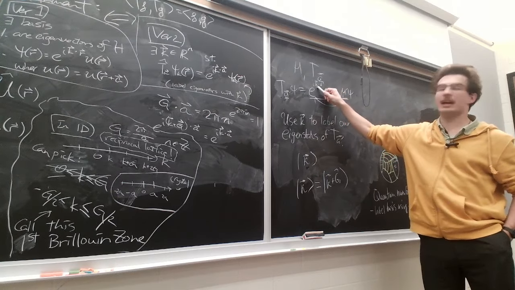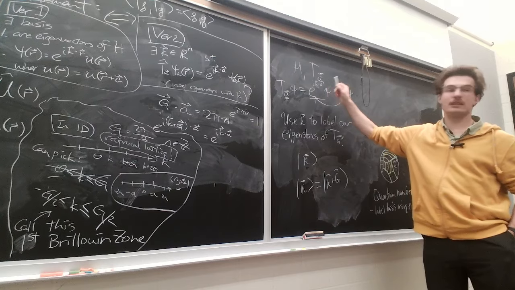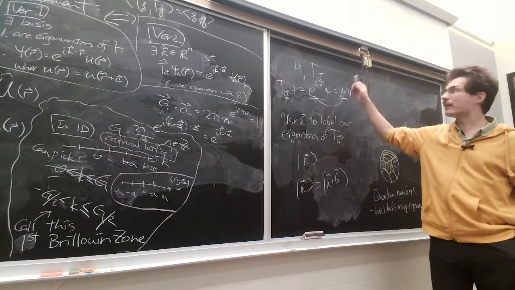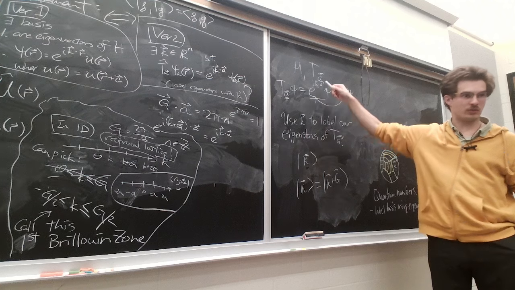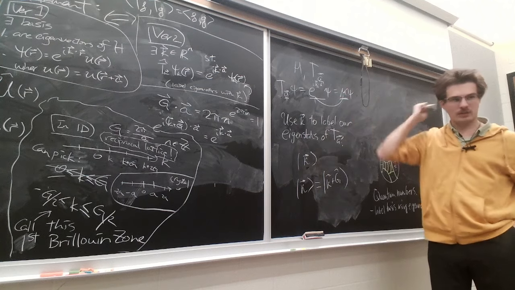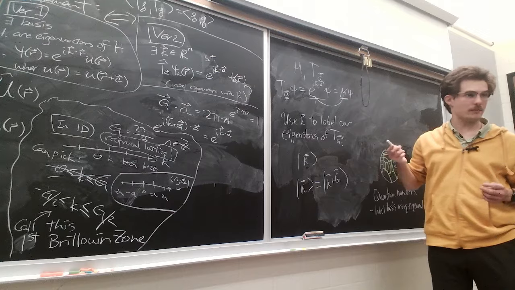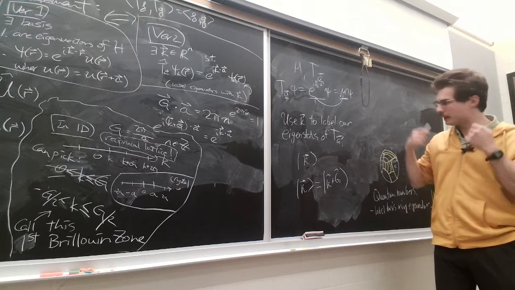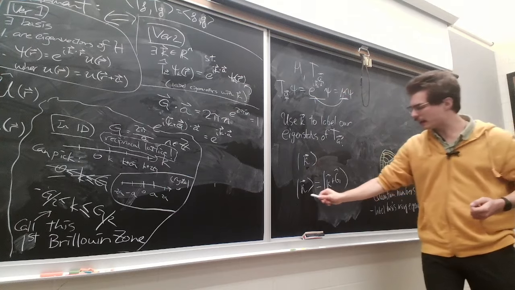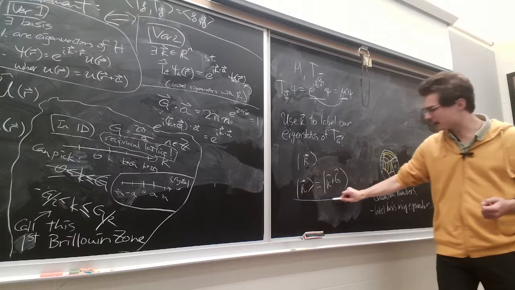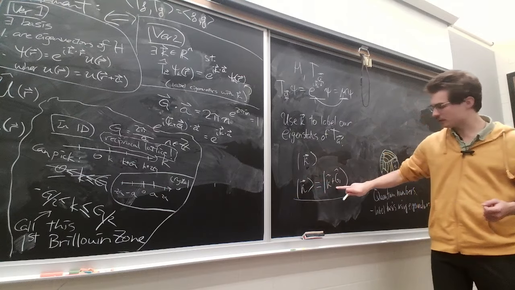And if I shift k by just the right vector, I will get a 2 pi i, and that will not change the eigenvalue because that's just going to be 1. Okay? So I have this redundancy in how I choose to do this labeling. And because of this redundancy of choice, when I do this labeling, k is equal to k plus g.